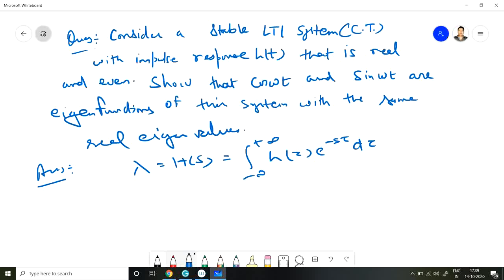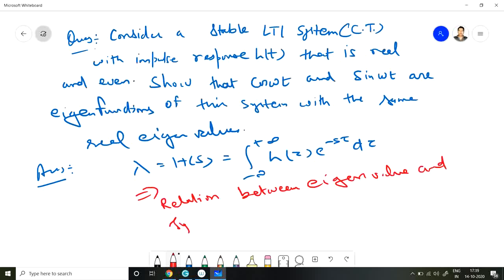This is the relation between eigenvalue and system function.